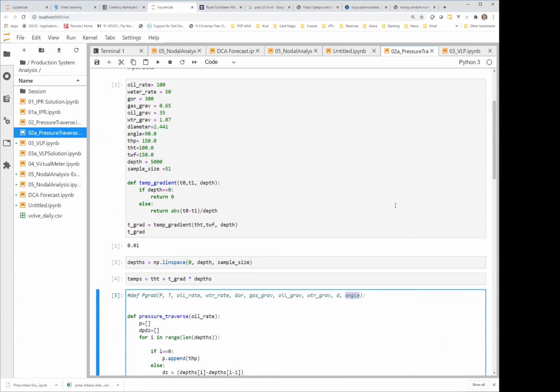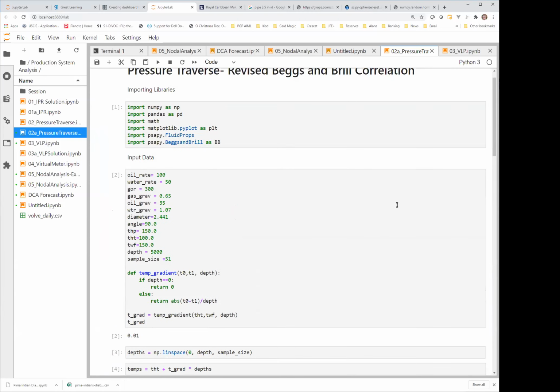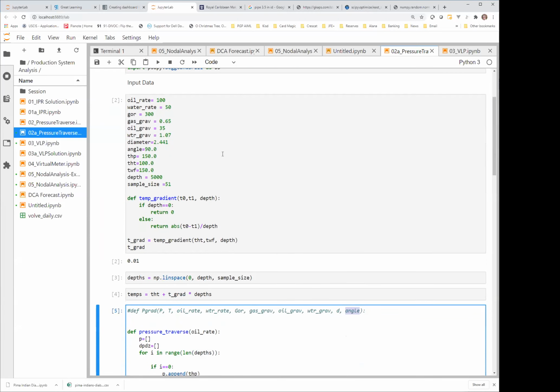We said last week that for the sake of simplicity, it's going to be a vertical well, so 90 degrees all the way down. But in case we have a deviated well, we have to incorporate the deviation survey and split this problem into different parts. For every single segment, you have to do the calculation and then integrate, okay?